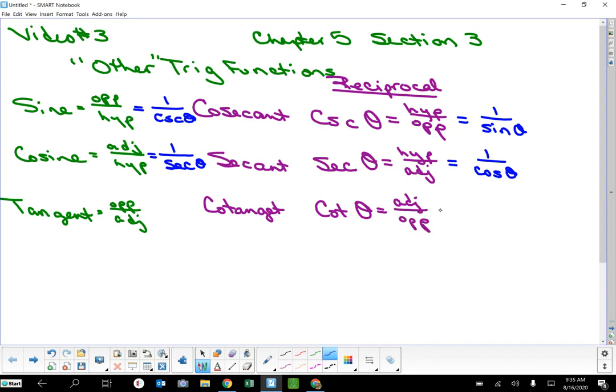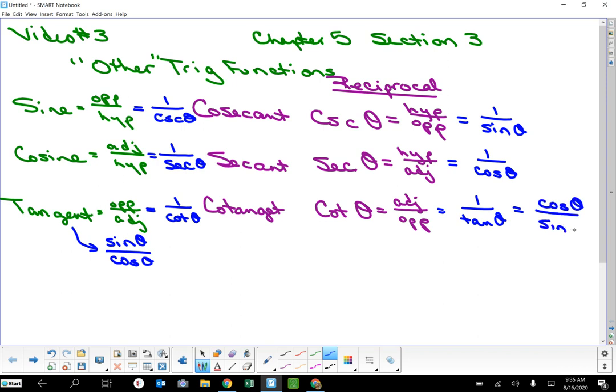And again, we can write this as 1 over tangent of theta, which means we can write tangent as 1 over cotangent of theta. Also remember, I don't really have room to throw this in here, but remember that tangent is also equal to sine over cosine, which means that cotangent is also equal to cosine over sine. Okay, so just multiple things for you to be aware of.